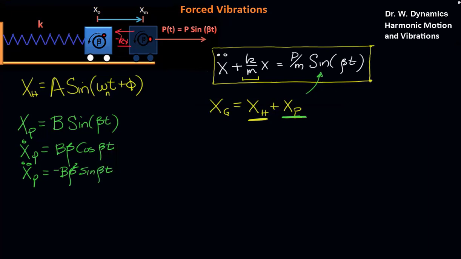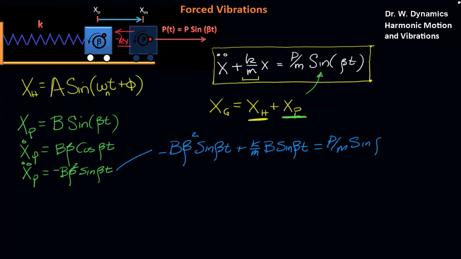And now we can plug these terms into here to find out what our particular solution would need to be. Doing that, we'll get negative b beta squared sine of beta t plus k on m b sine of beta t will equal p on m sine of beta t.